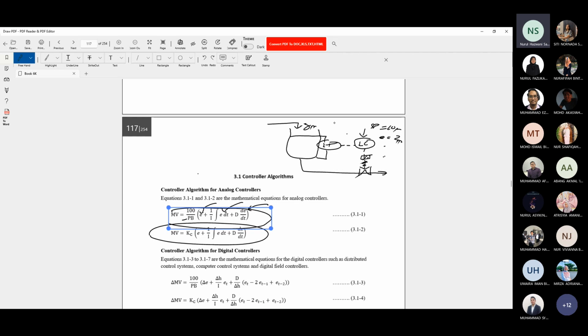After the controller obtains the value of MV, it will send the information to the transducer. Normally the value of MV we calculate in terms of percentage. The valve cannot read the value of percentage directly, so that's why they change the signal first into one that can be read by the valve.